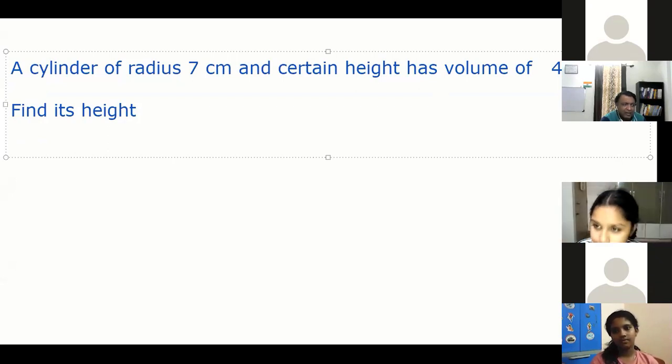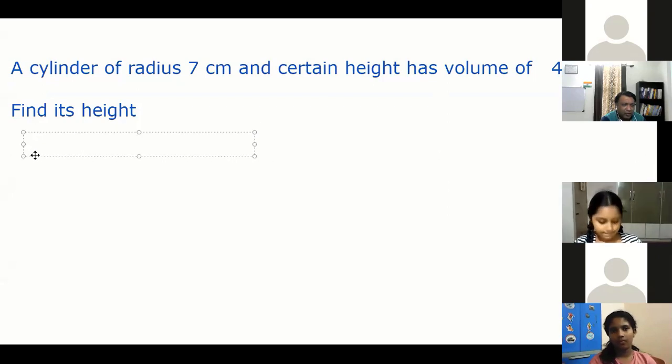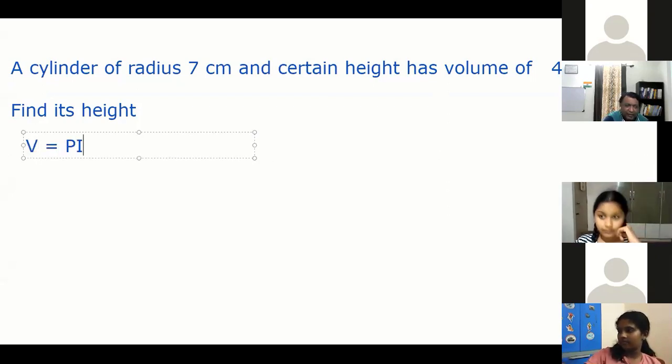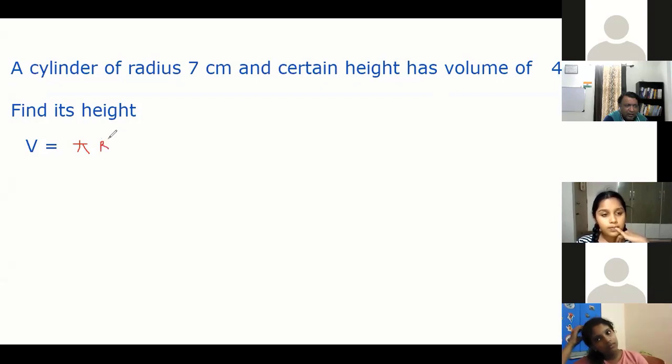Volume of cylinder is V equal to pi r square h. That's it, right? Substitute, get it, that's it.